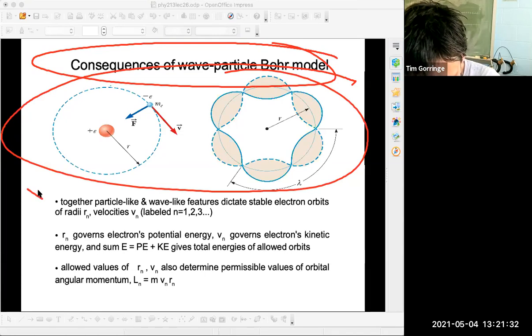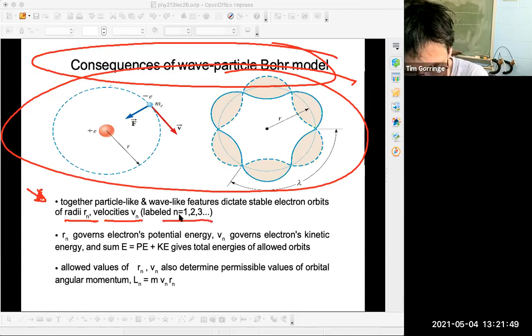And putting them together, we've been able to conclude that only certain orbits are stable in atoms. Only certain orbits that have certain radii, certain wavelengths, and we label them with an integer n, 1, 2, 3, corresponding to the number of wavelengths that fit in the box.